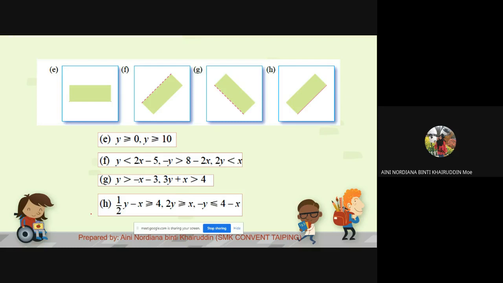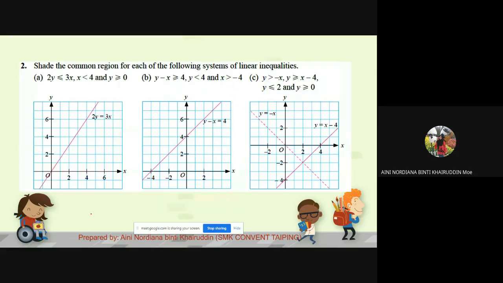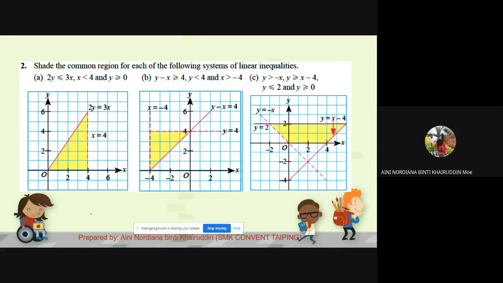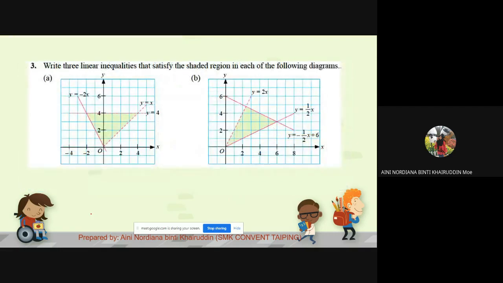Ada soalan tanya? Number 2. So this is the answer for A, B and C. Number 3, write 3 linear inequalities.